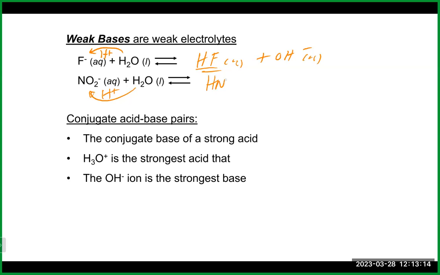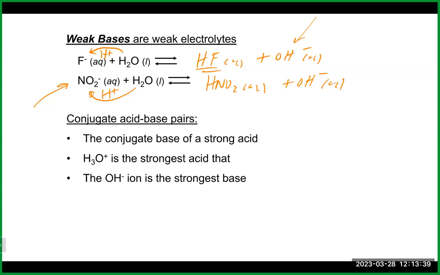So HNO2 and hydroxide in this case. Because this is a weak base, mainly in solution you have these, but they are still able to produce a little bit of ions along the way, and then produce a little bit of OH minus, which makes it still a base, but obviously a much weaker base than something like sodium hydroxide.